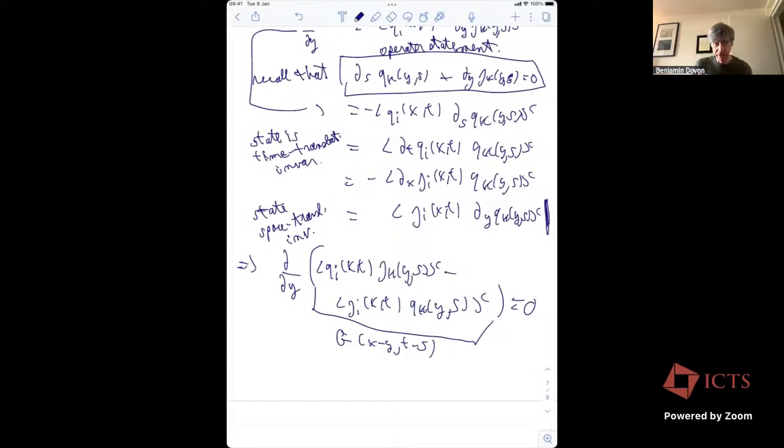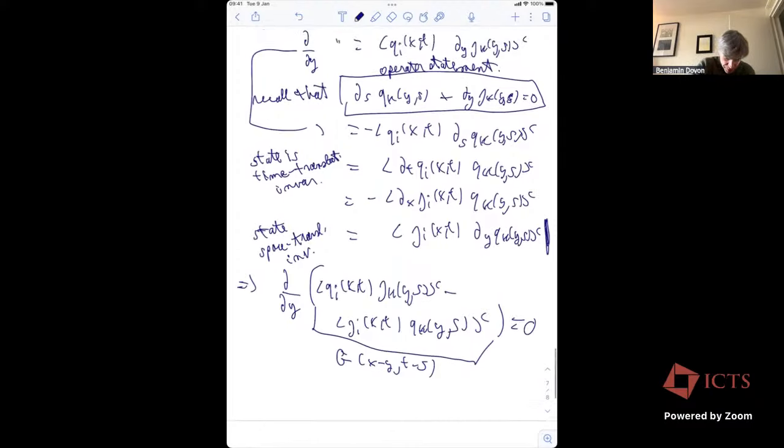And it should look like a very surprising thing. These are two different correlation functions. One is q_i with j_k, one is j_i with q_k. There are two different correlation functions. These j's and q's are not necessarily connected with each other. Yet when I take the difference, the result does not depend on the position.